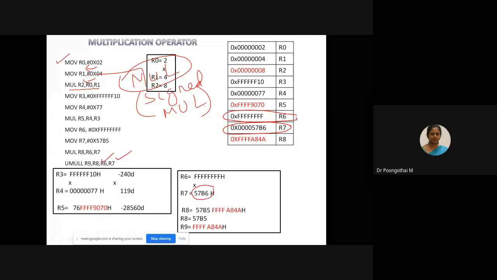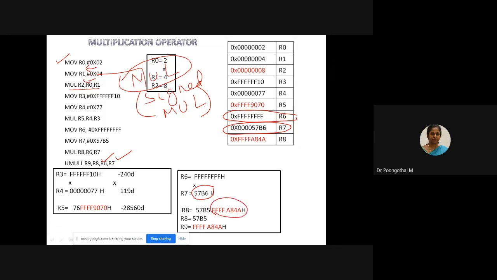This instruction is used to multiply the content of R7 with R6. After the multiplication, we will be getting this answer. The upper 32 bits is discarded according to the basic instruction, but we can extract that value. After execution, R8 holds the upper 32 bits and R9 holds the lower 32 bits.